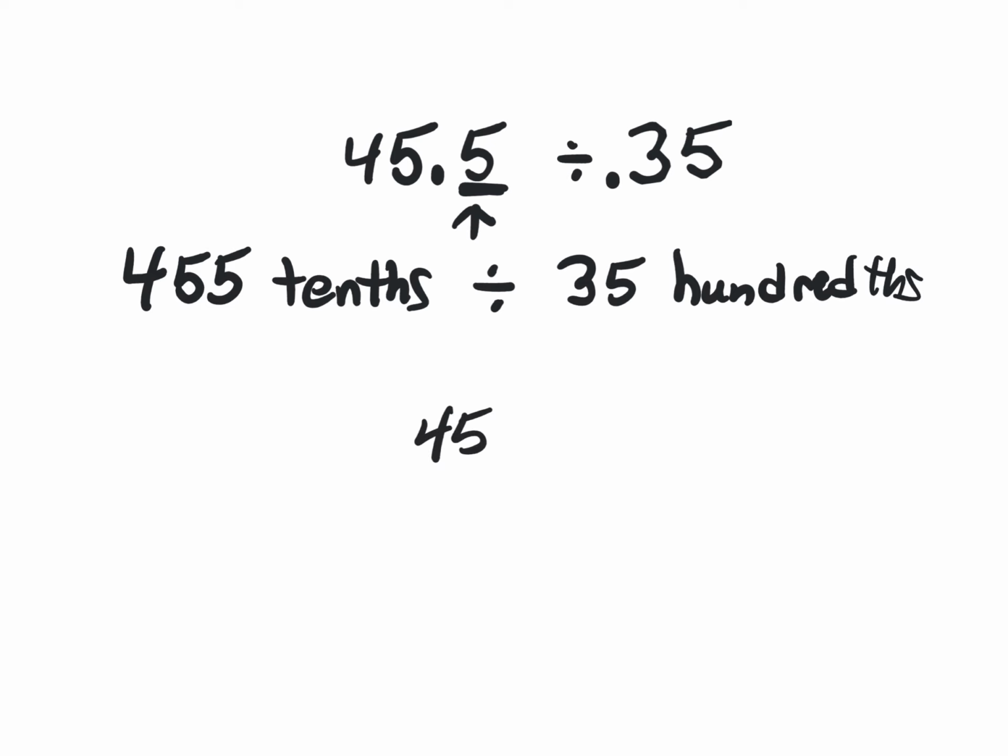We're going to write 45.5 divided by 0.35. So we're going to take the 0.35, whatever number's on the outside of the division house, and we need to make this number into a whole number. So how do we do that? We got to move the decimal place. So we have to keep moving this over until 35 becomes 35 ones.